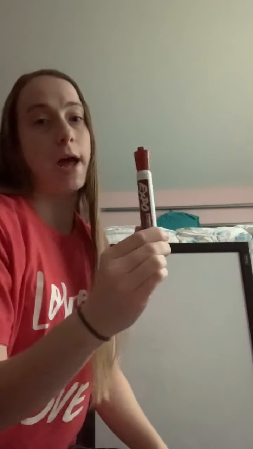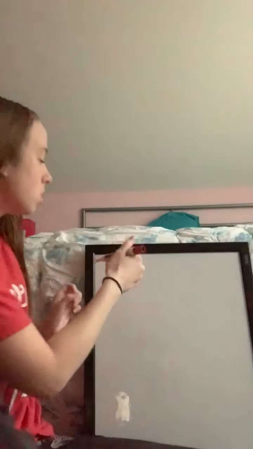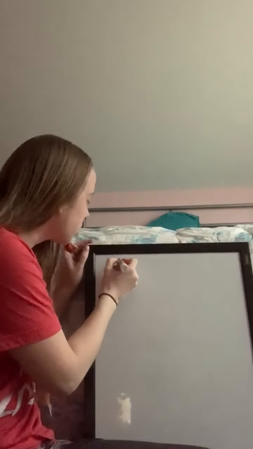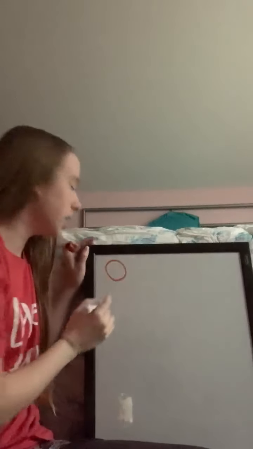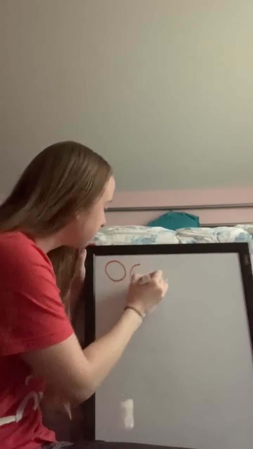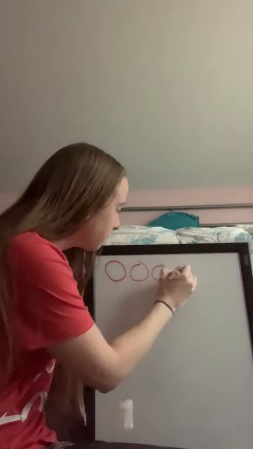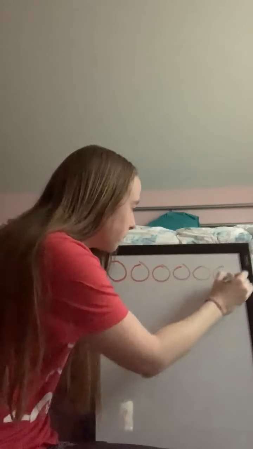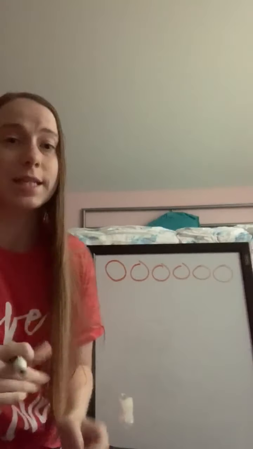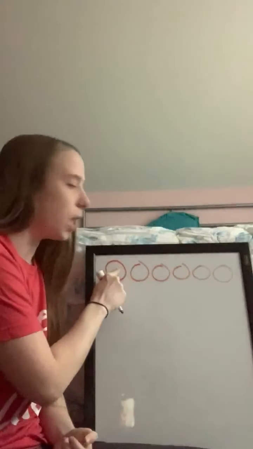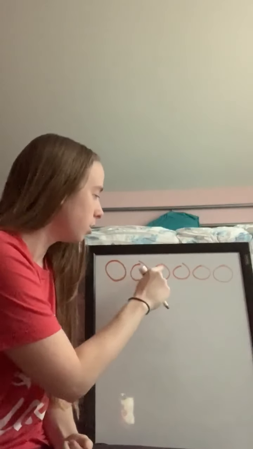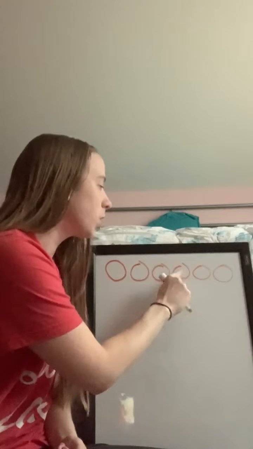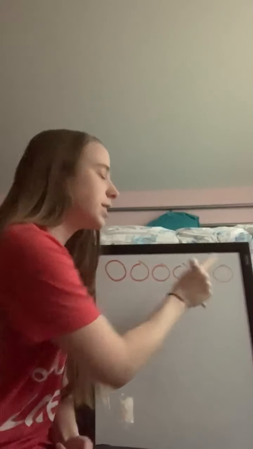I'm going to use my brown marker for pennies since pennies are kind of like a brownish color. So I'm going to draw some circles to represent my penny. Now let's count our pennies. 1, 2, 3, 4, 5, 6.